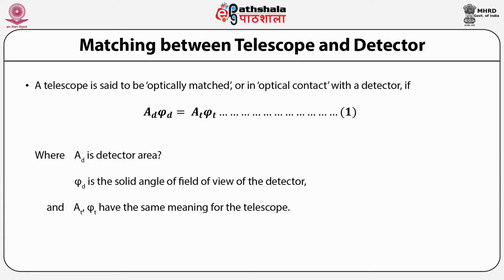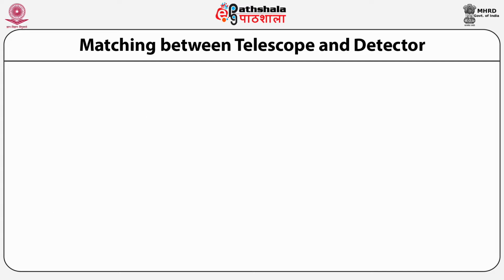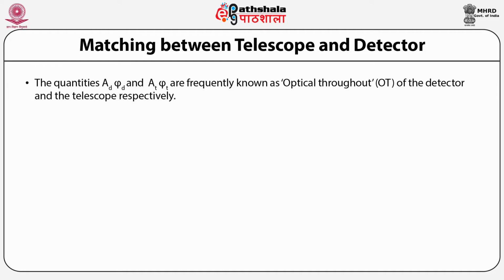So D denotes the detector and T denotes the telescope. The quantities AD φd and AT φt are frequently known as optical throughput, denoted by OT, of the detector and the telescope respectively.